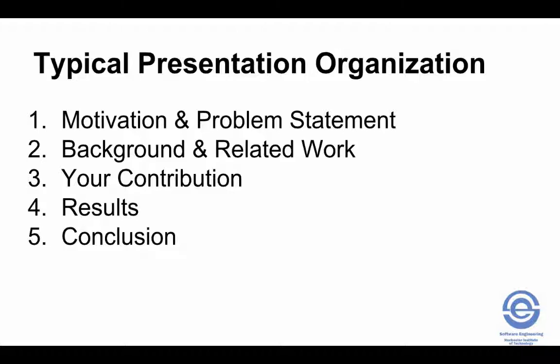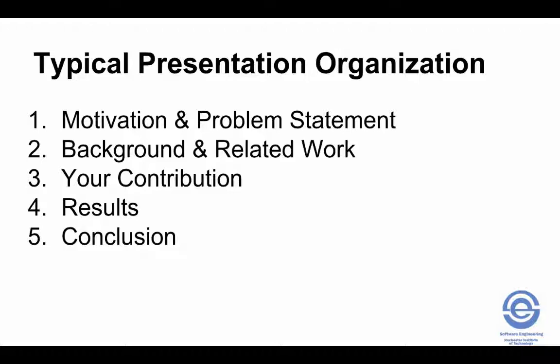A lot of times in the motivation and problem statement section, I'll use an attention getter to make sure that people are going to pay attention to the rest of the presentation and to really get them involved and interested in the work that I'm doing. For the background and related work section, you can talk a little bit about maybe what some of the previous people have done, maybe some of the previous works have done.